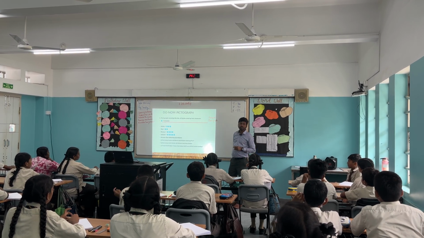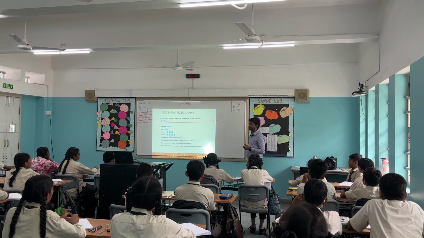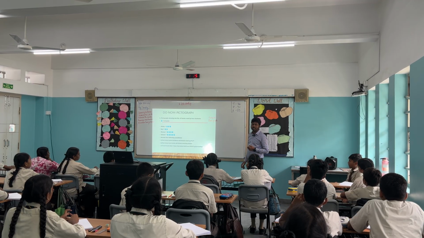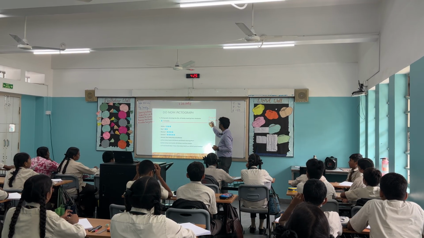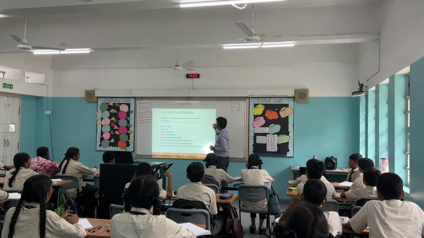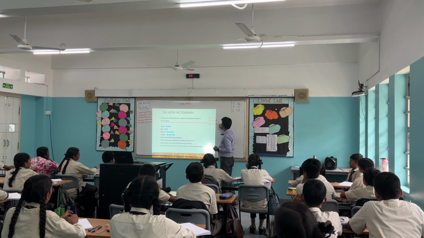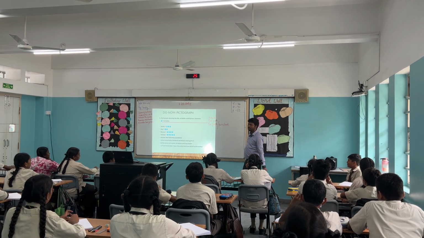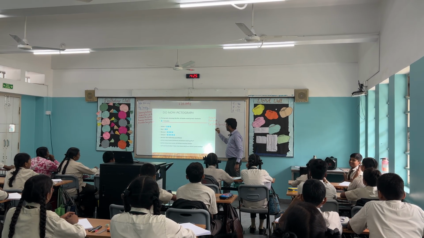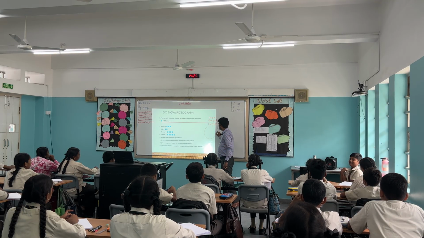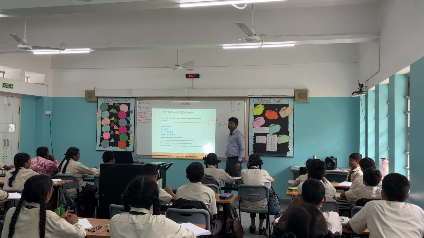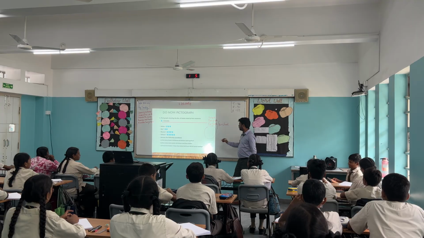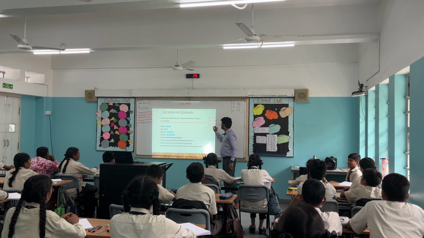So today we are going to discuss one more type of representation of data, which you can call a pie graph or pie chart, where we construct the graph over a circle in the form of sectors.